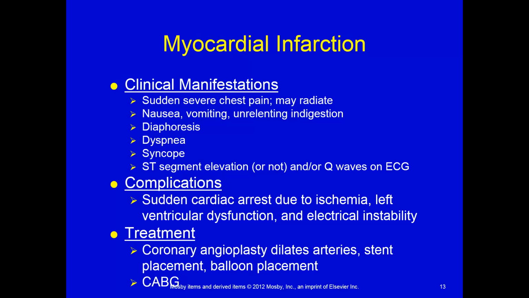Then when you move down the progression to unstable angina, we're probably looking at about 80% occlusion. And once we've moved from unstable angina to a STEMI, we're looking at probably pretty close to 100% occlusion for these types of symptoms to be occurring.